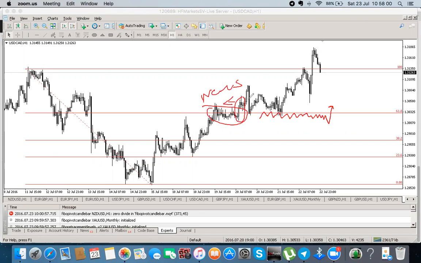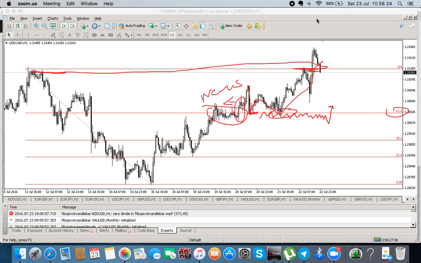However, the market broke stronger, and the resistance became your support. You can see the market took off from the 61.8 and it's still trending, right? Still trending, and it did break the previous resistance, but it's testing the previous resistance right now.